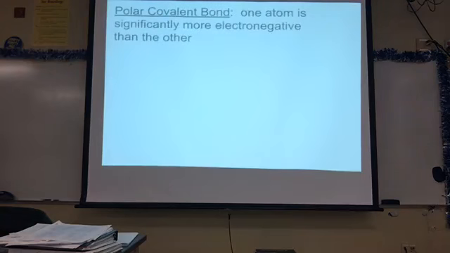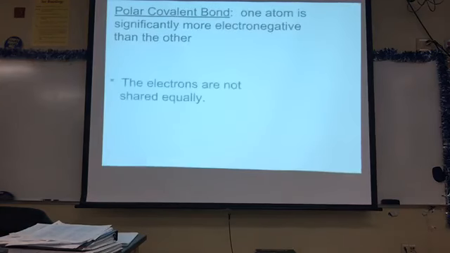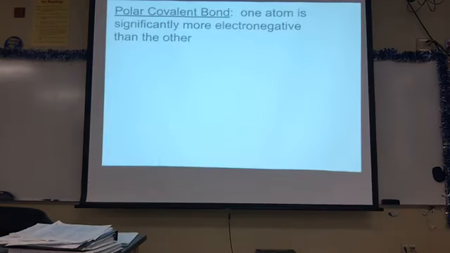Okay? In a polar covalent bond, one atom is significantly more electronegative than the other. It's pulling harder on those electrons.